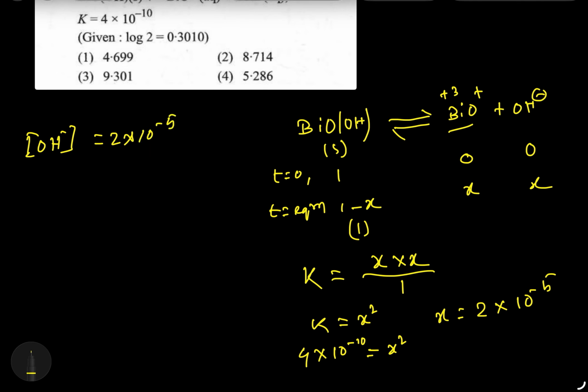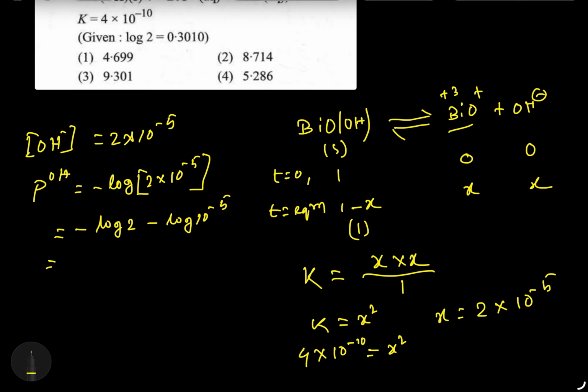And now we can determine the pOH. So what will be the pOH? pOH will be minus log of the OH- concentration, which is minus log of 2 into 10 to the power minus 5, right? We just have to solve this. We can use the log of A into B formula, which will be minus log A plus log B, so it will be minus log 2 minus log 10 to the power minus 5.